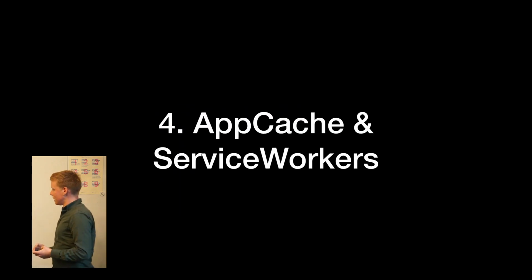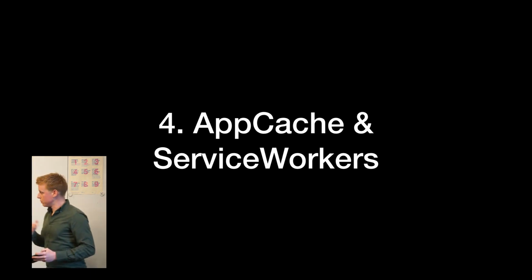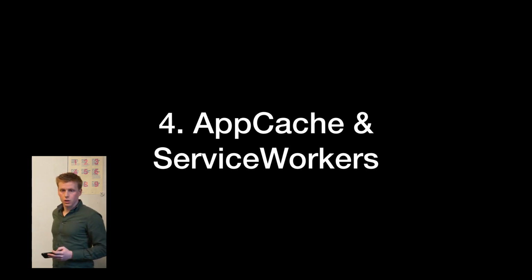AppCache, Service Worker, another party with browsers. I started with AppCache, but it's deprecated nowadays, and then I moved to Service Workers. There's a great add-on from Dockyard to set up service workers. It only takes a couple of lines.